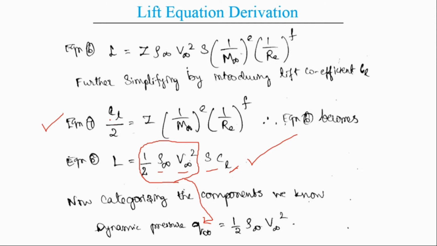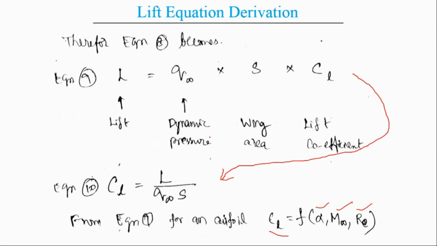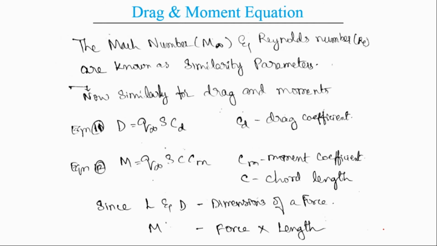So CL is a function of M infinity, Reynolds number, and of course alpha. Now the total lift factor is restricted to these three quantities. If we alter these three quantities, we will obtain the pattern of lift or the variation. This is how we basically do it in an aerodynamics lab or whatever kind of experimentation. We measure the CL, CD, and CM, all the coefficients of the forces instead of the forces.